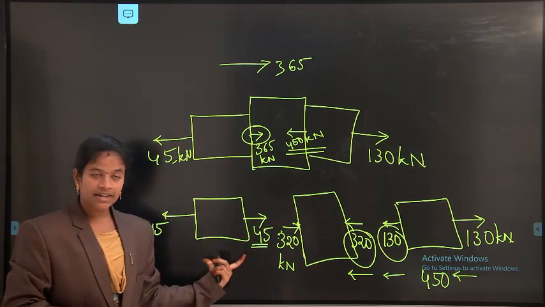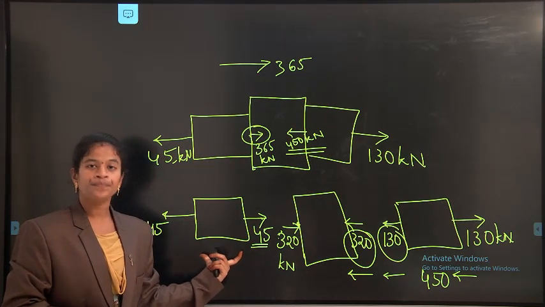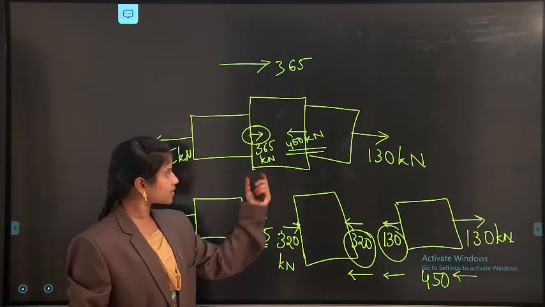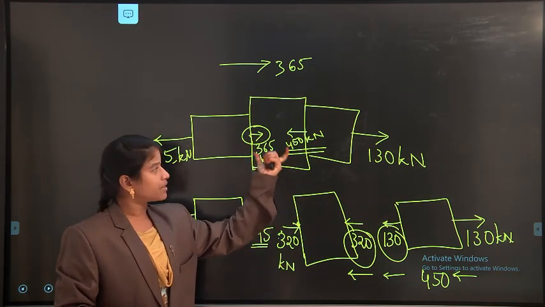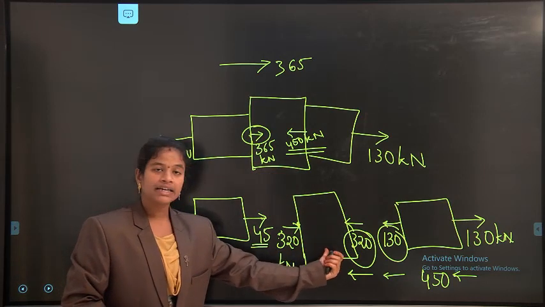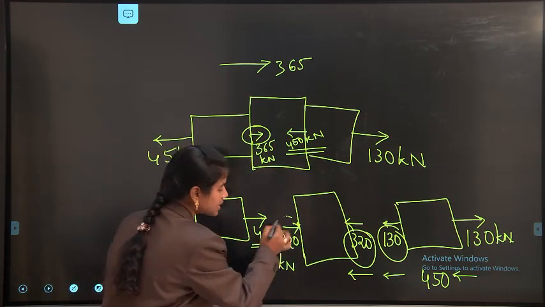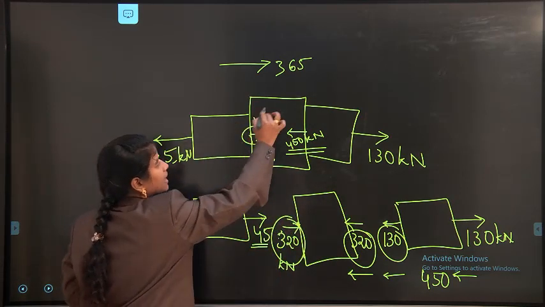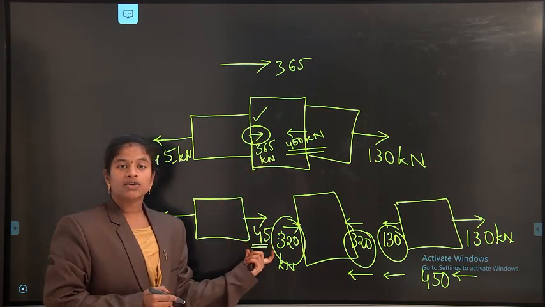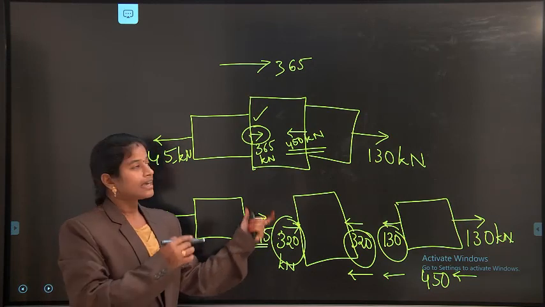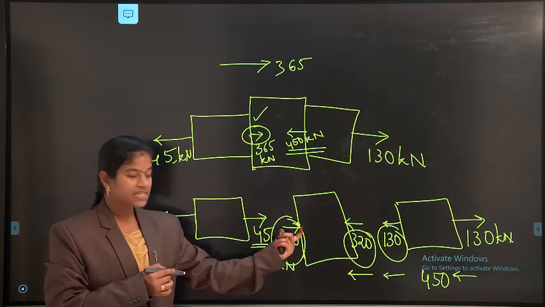Firstly, I have separated the free body diagram for the first section. Using that condition, I need to complete the second segment. So for this second segment, 320. Why this 320? For getting the actual load applied on the body. Some of the part is already there in that direction, and in the same direction we have left some value.